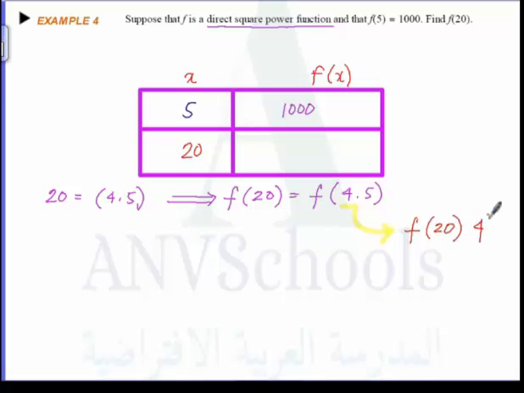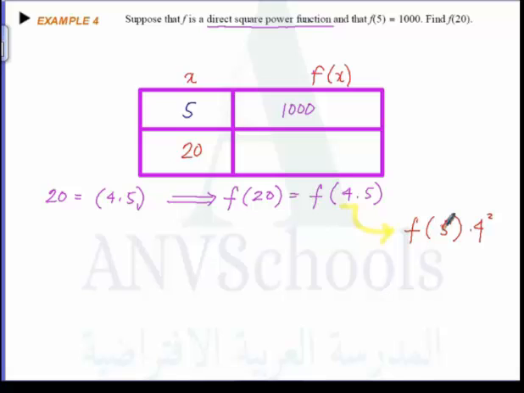Am I correct? So that would give you a value which is f of 5 times 4 squared. Because we multiply our x by 4, we get a result multiplied by 4 squared. That's a direct square variation.